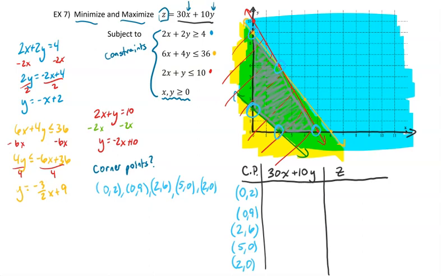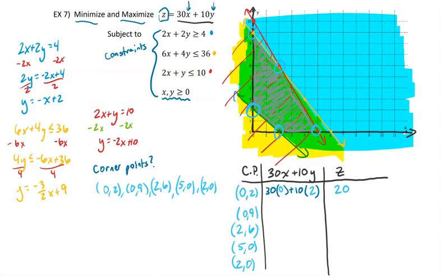So for the first one, we are going to get 30 times our 0 plus 10 times the 2. Plug that into your calculator, and we would get 20.